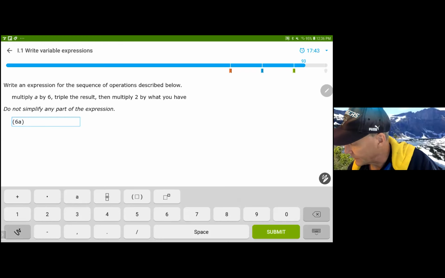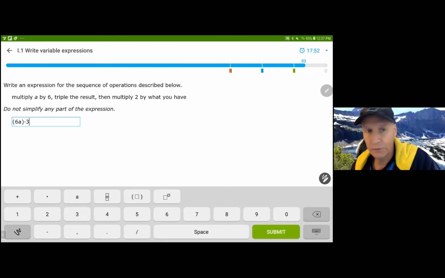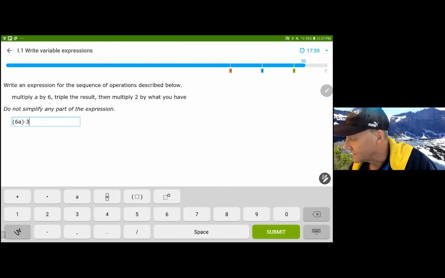That means multiply by 3. Then multiply 2 by what you have. So all of this really belongs in parentheses, and then we're going to multiply it by 2. It doesn't matter because of the commutative property of multiplication, but it's better to have the parentheses here.